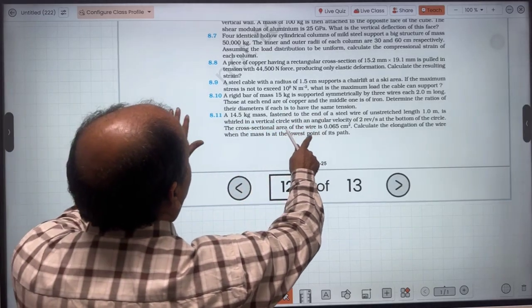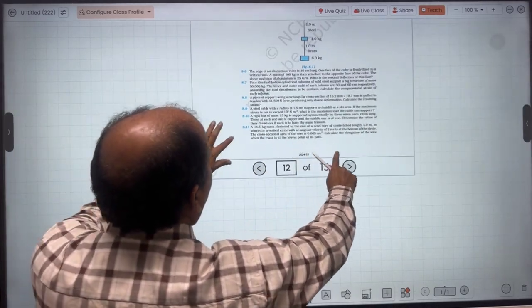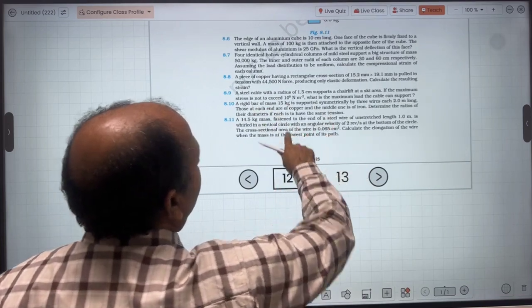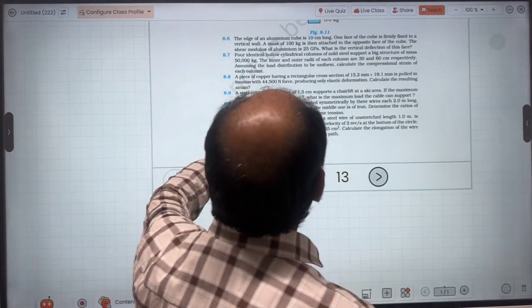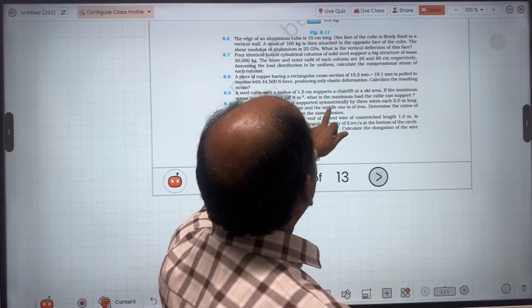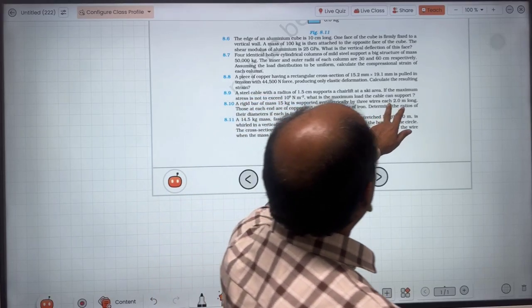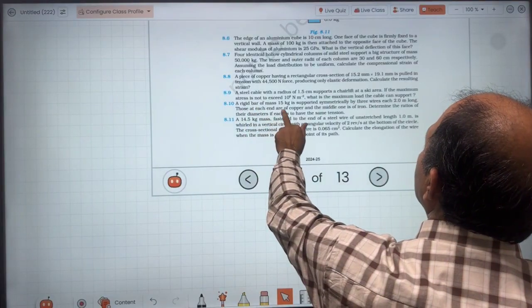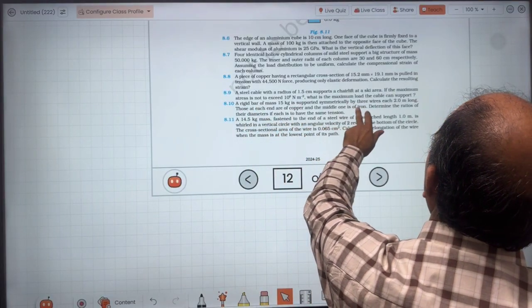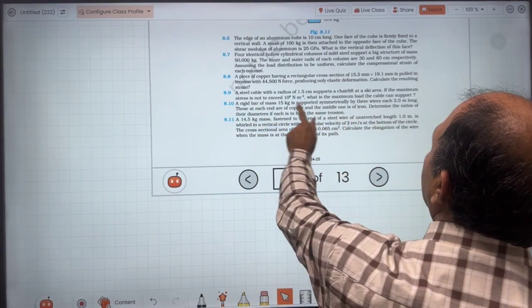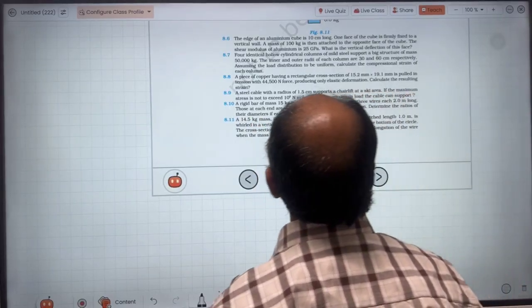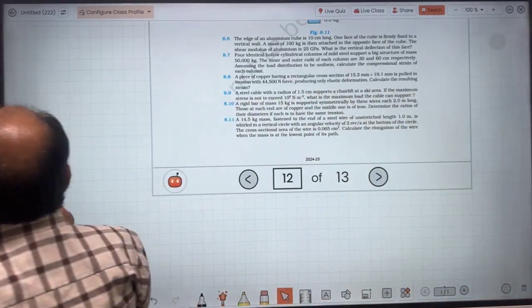So what can you do? How to solve it? You have read the question. I can reread: a rigid bar of mass 15 kg is supported symmetrically by 3 wires, each 2 meter long. Those at each end are of copper and the middle one is of iron. Determine the ratio of their diameters if each is to have the same tension.